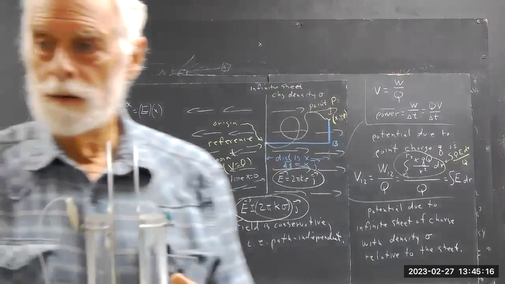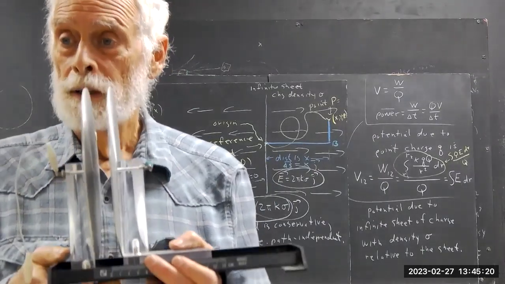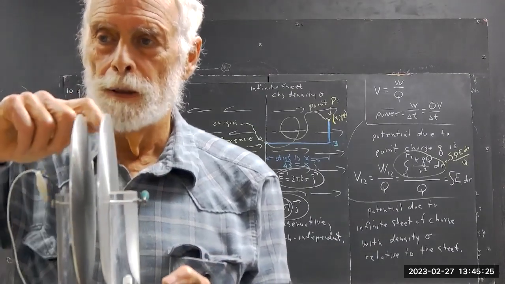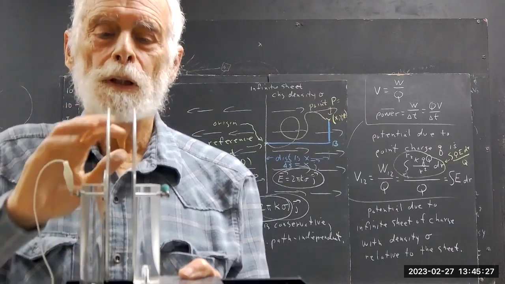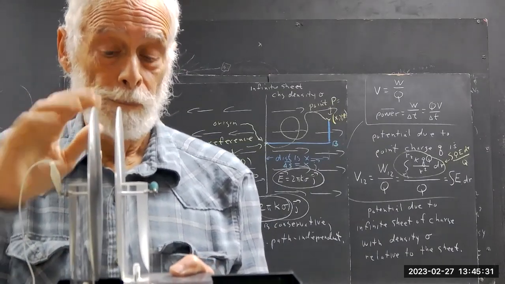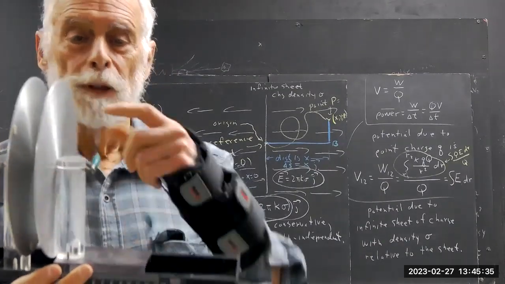So now here we've got a capacitor. We're anticipating something coming next week, but here we've got a capacitor, and some distance between the plates. So we've got some charge on this plate, some charge on this plate. Let's say this plate's positive.